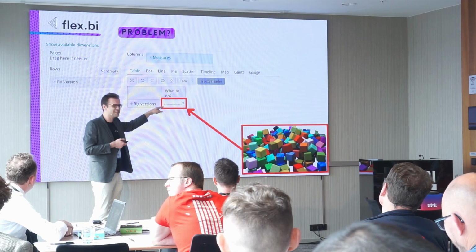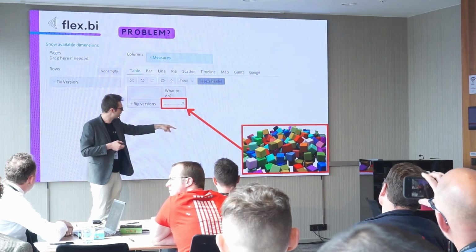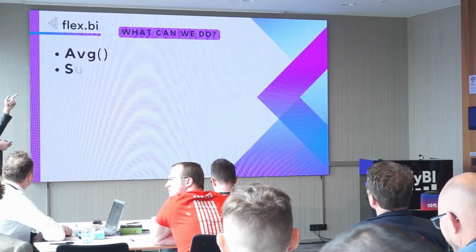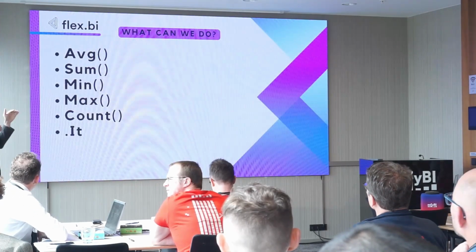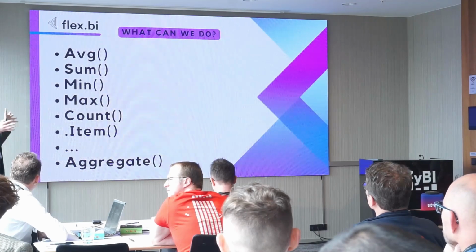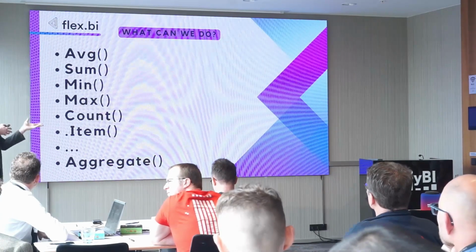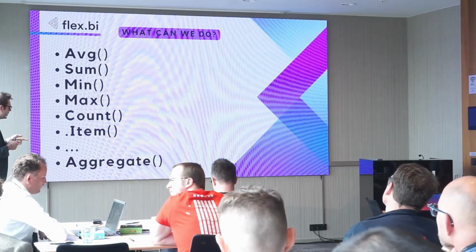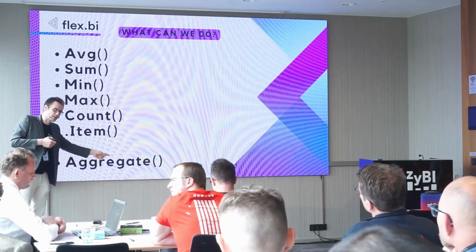And generally speaking, eazyBI doesn't know what you want to do with that, because there are multiple things we can do. We can get the average between all those. We can get the minimum value, the maximum value. We can summarize all of that together. We can count how many things are in the set. We can get one from the set, and we can also aggregate the set.